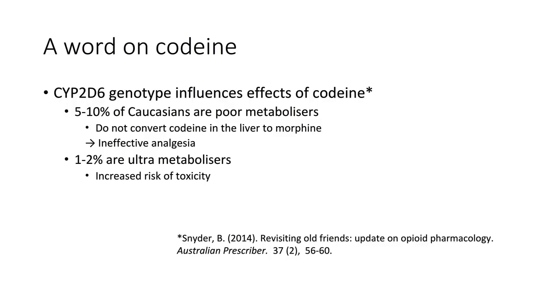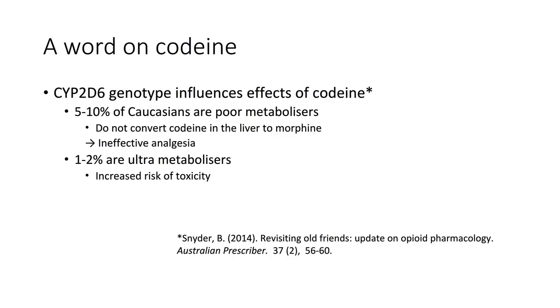Then there are 5 to 10% of people who have the genotype for the cytochrome enzyme that makes them poor metabolizers, and so they don't convert the codeine to morphine, or at least not at the same level that most people do. And that means the analgesic effect doesn't exist.